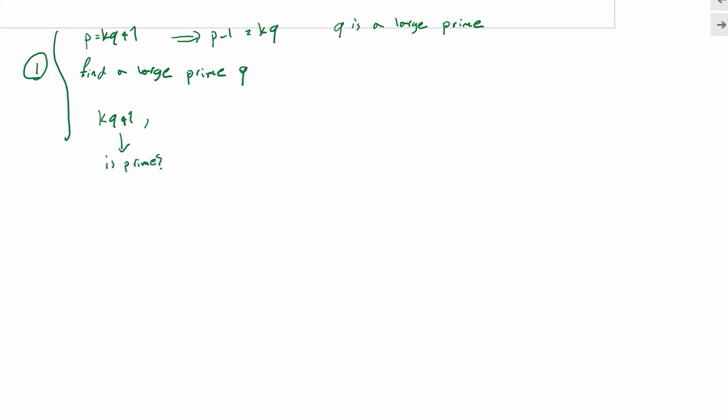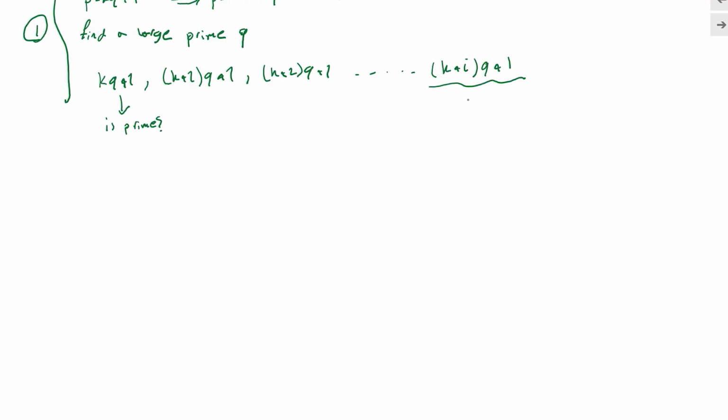If not, we just continue. We do (k plus 1)q plus 1, and then (k plus 2)q plus 1, and we continue until we find some i where (k plus i) times q plus 1 is a prime. So p equals (k plus i) times q plus 1, right?